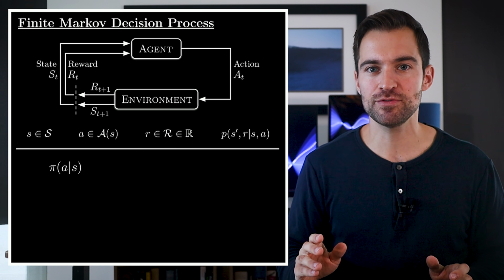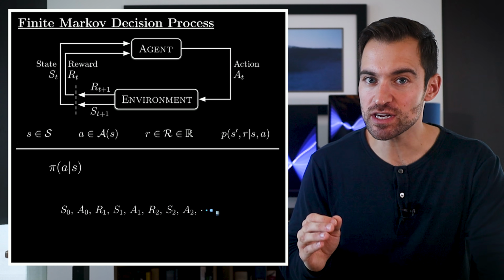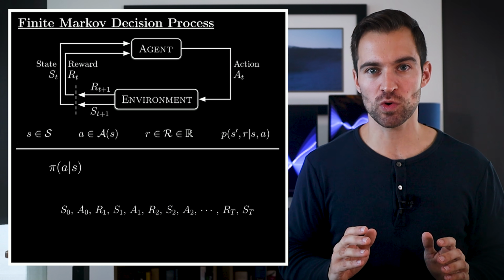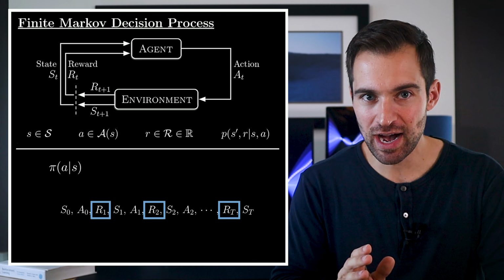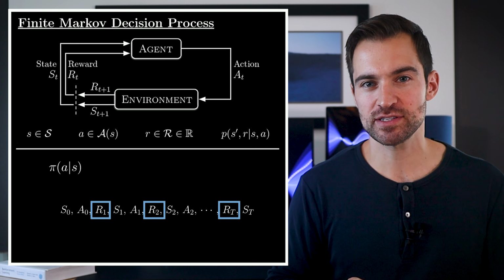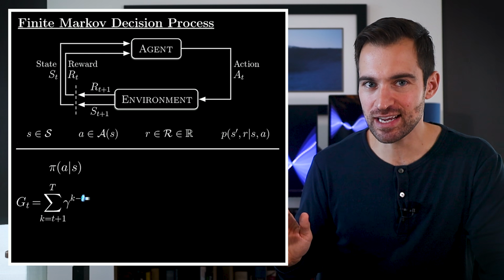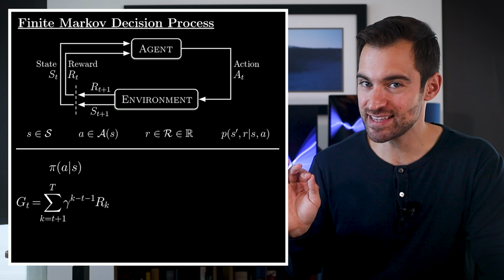If we run the policy through the MDP, we'll get a trajectory of states, actions, and rewards. We want the gamma discounted sum of future rewards to be high when averaged over many trajectories. That sum is written as G_T, which means our goal is this.